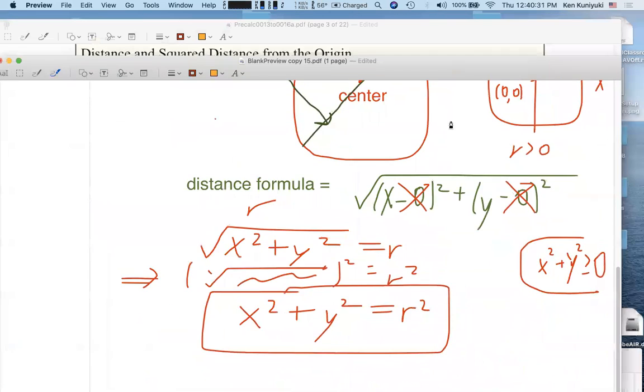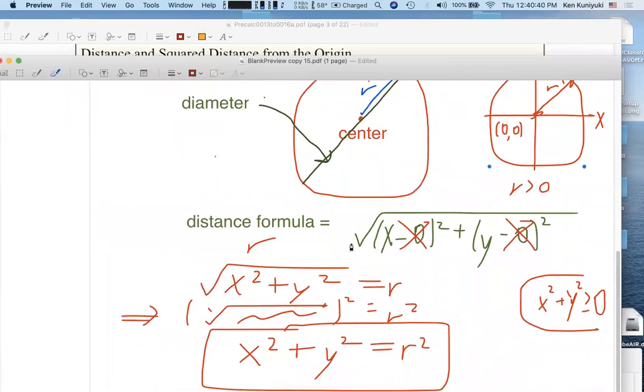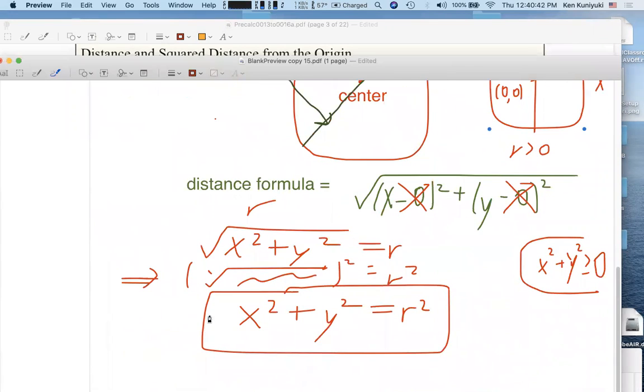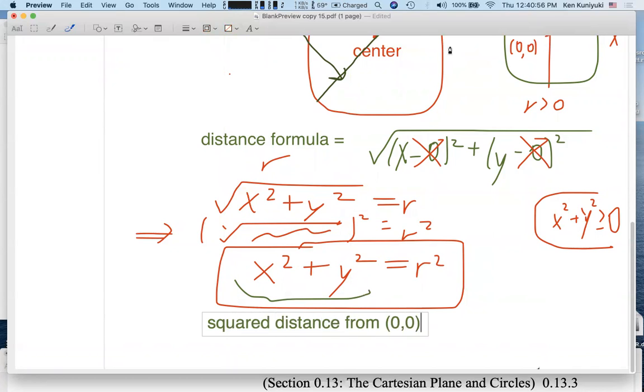So all the points on the circle here have the property that their squared distance from the origin, x squared plus y squared, is going to be r squared, the square of the desired radius.